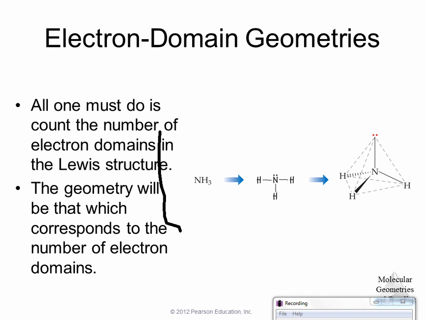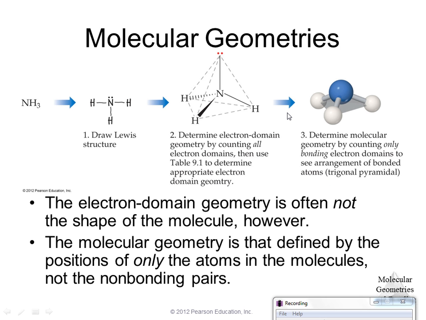Now, does it make a tetrahedral shape? That's the question. Well, when you look at this, you draw that Lewis structure and you see the electron domains. There are 4 domains, but the difference is you've got a non-bonding pair on the top. It's not only the atoms in the molecules, but the non-bonding pair. If you see on this ammonia molecule, there is an unshared pair that's on the nitrogen.